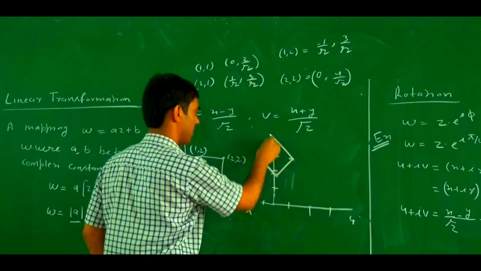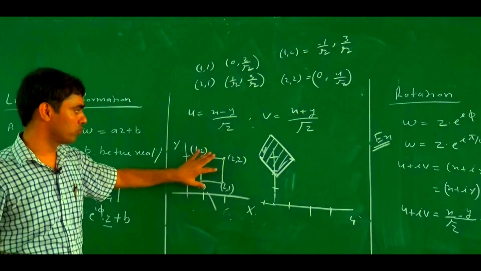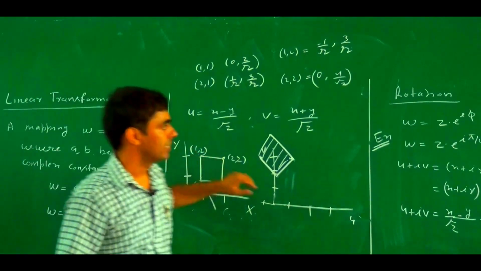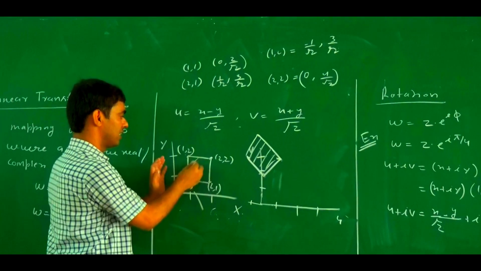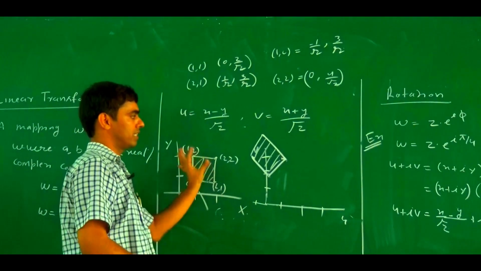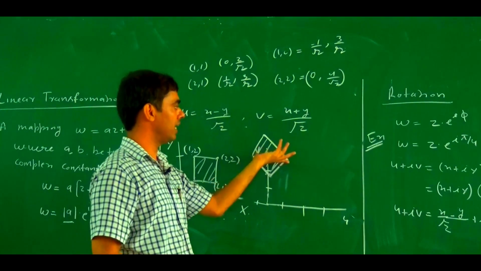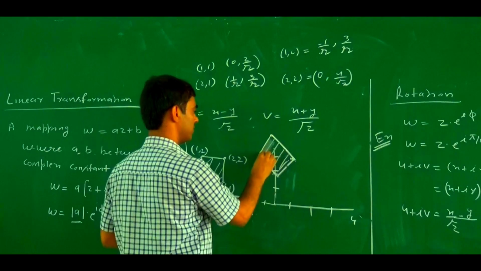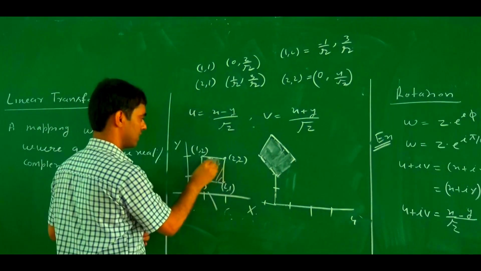If you closely observe, if we use this mapping, then this image is rotated by angle pi by 4. This is the reason.